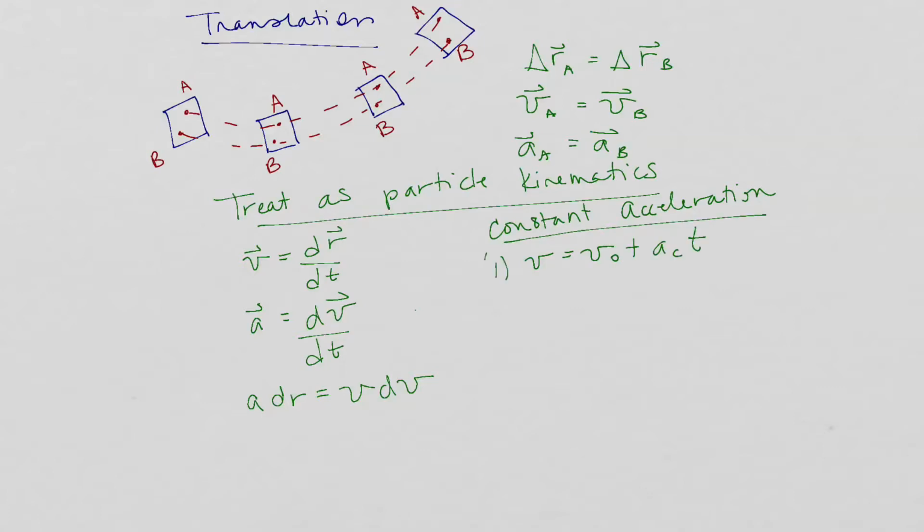Another equation for constant acceleration is the position, which we'll do as r because that's what it is here. r equals r naught, so that's the initial position, plus the initial velocity times time, plus 1/2 times that constant acceleration times time squared. And r is the position. Sometimes you'll see that written as s also, or x.